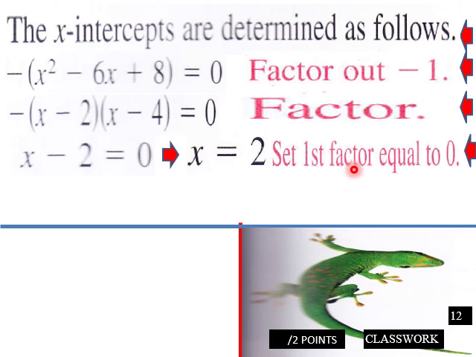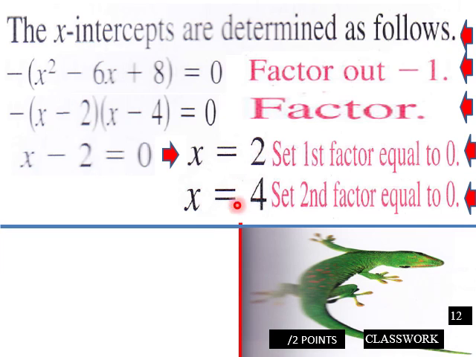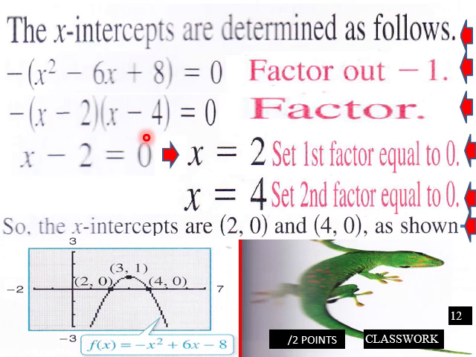So that is one of our x-intercepts here. And then same thing with 4. 4 is our other x-intercept, second factor equal to 0. So we use our zero multiplication property here. So the x-intercepts again are 2, 0, and 4, 0 for this parabola here.